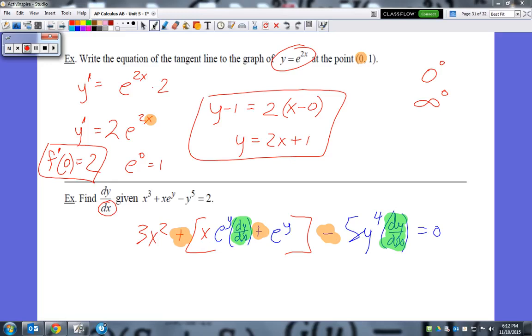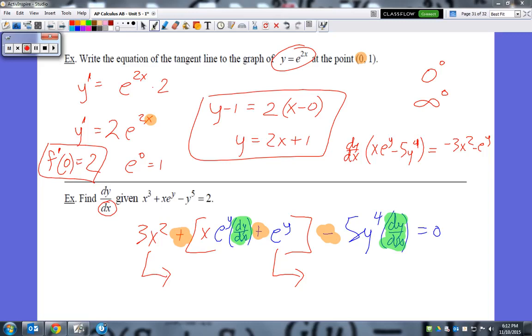So that I GCF that out, I get dy dx is multiplied with x e to the y minus 5y to the 4th. Okay. And on the right side is going to be moving this 3x squared, so let's say negative 3x squared, and moving this e to the y, minus e to the y. And of course you can see that I'm going to divide right now.